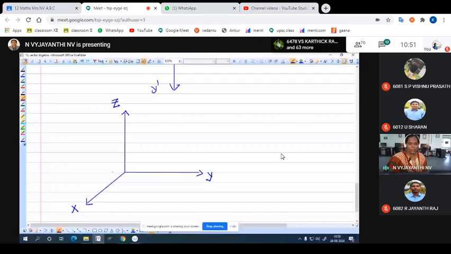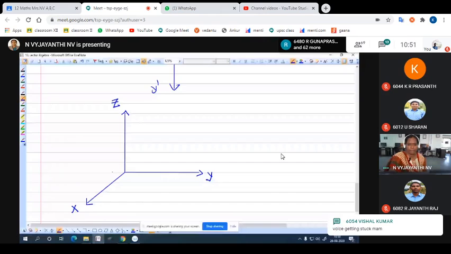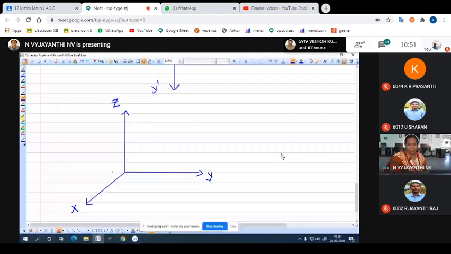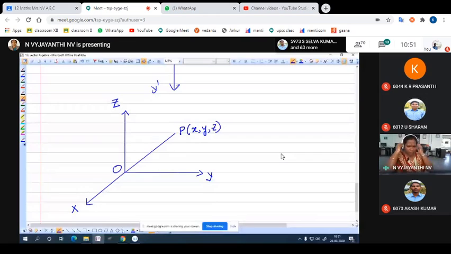So now we should consider a point P in the XYZ axis. Your voice is getting stuck. Some network problem we are having. So adjust.